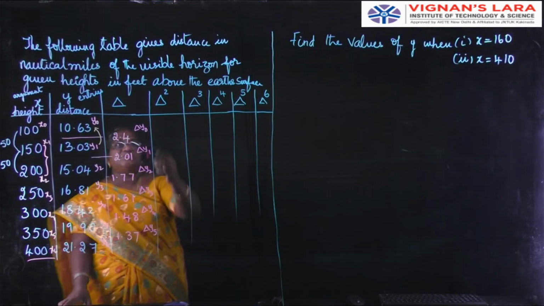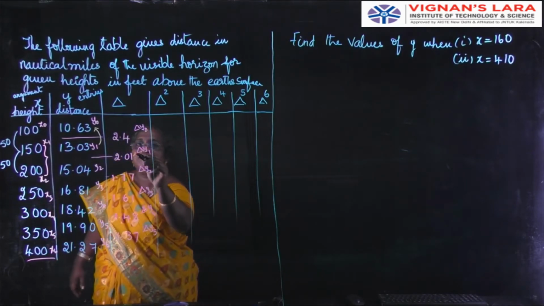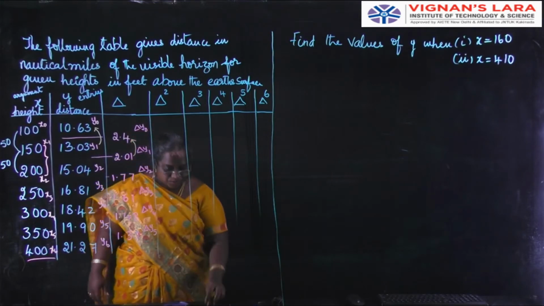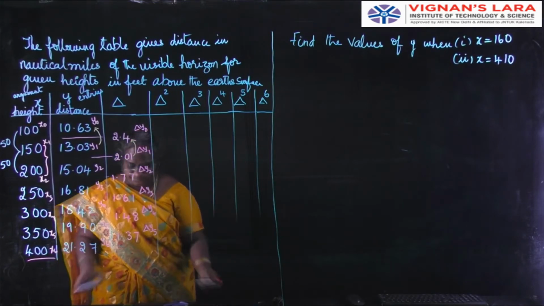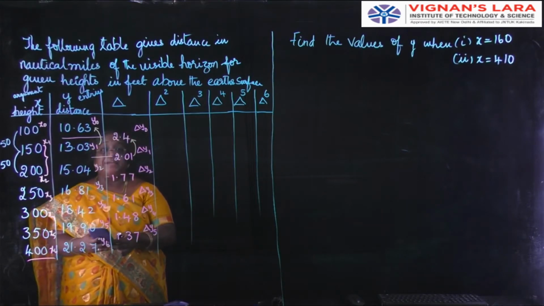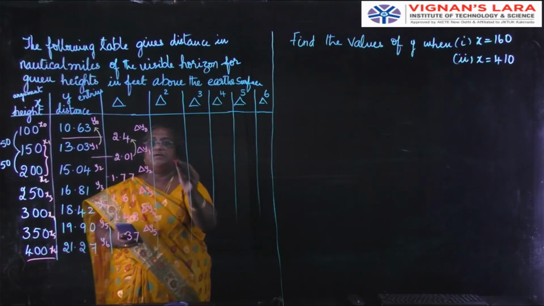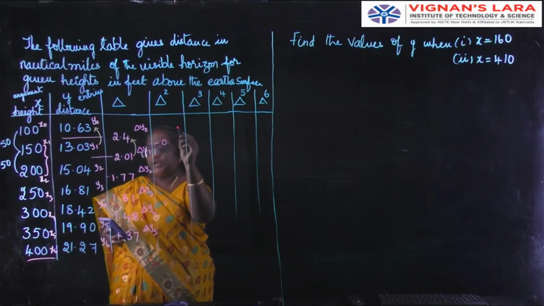So next, second forward difference. This time here we have to subtract again this value from this value. So now see what is that we get here. 2.01 minus 2.4. It is minus 0.39.